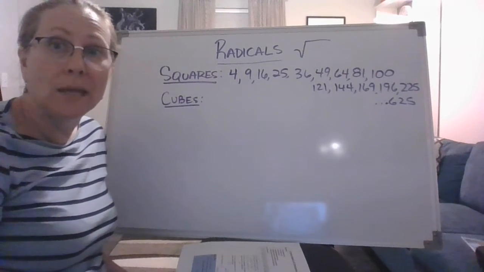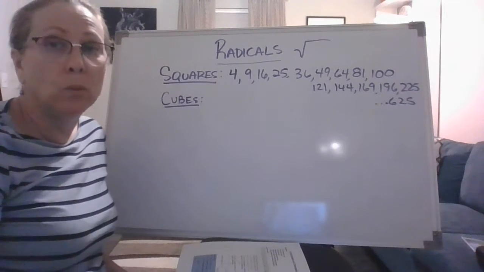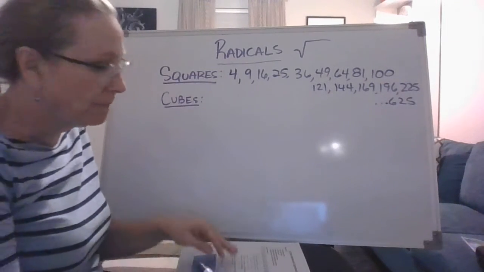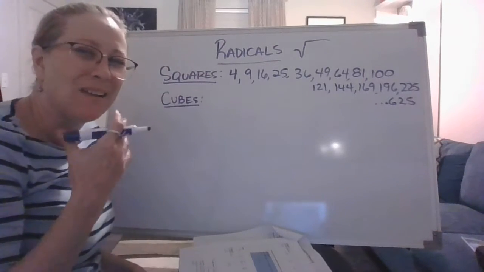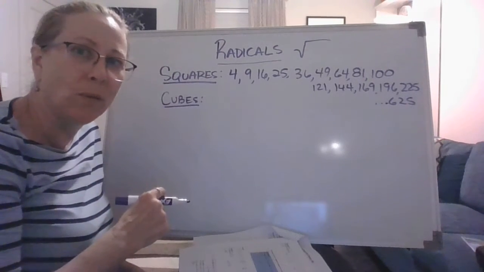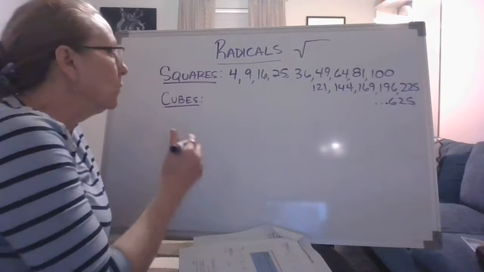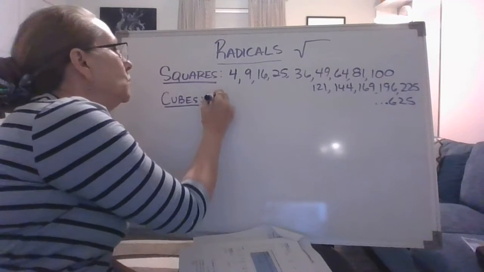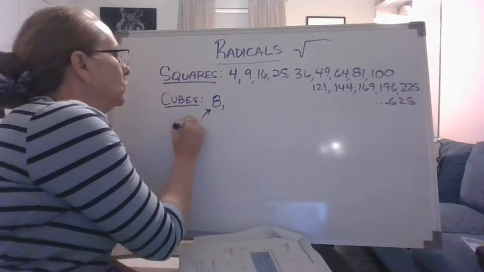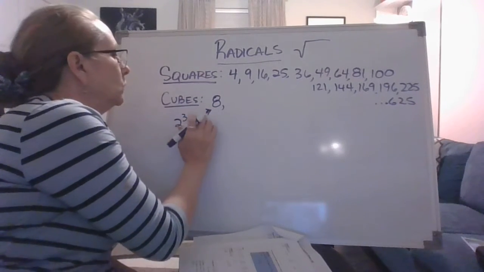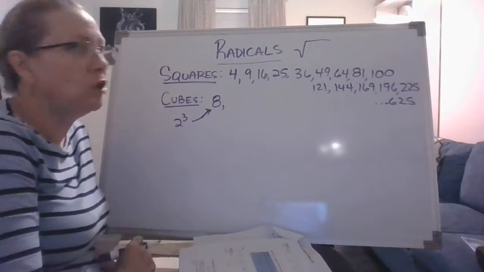Second, we need to know a handful of cubes. So 1 cubed is 1. We already know that, but 1 is not a very helpful number when we're simplifying radicals. So we're going to start at 2 cubed, which is 8. 2 times 2 times 2. Just to remind you what a cube is.